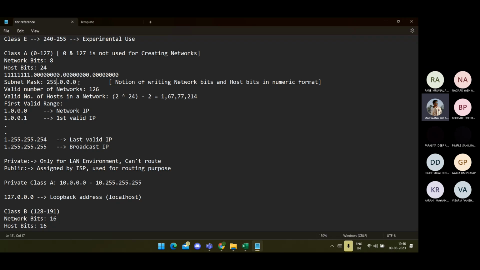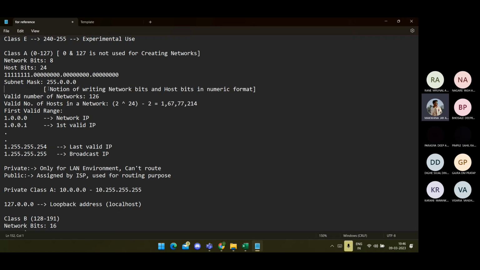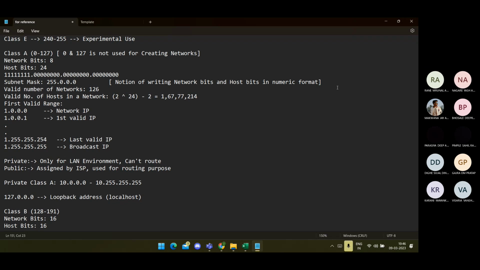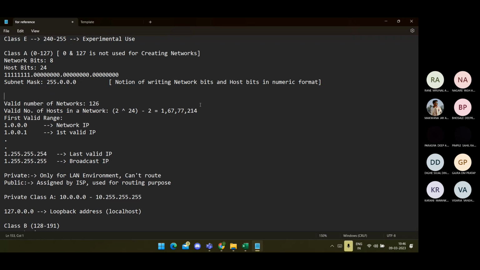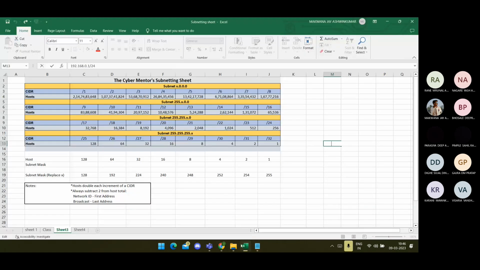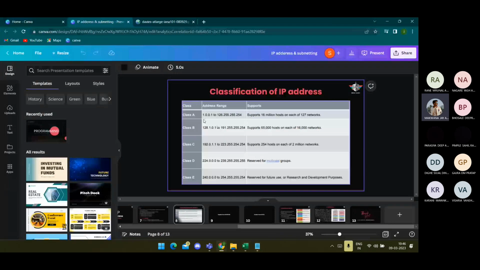Okay. So we will now calculate the valid number of networks. The valid number of networks will be 126. And how have I calculated this? In the first octet, we have a range from 1 to 126, right?